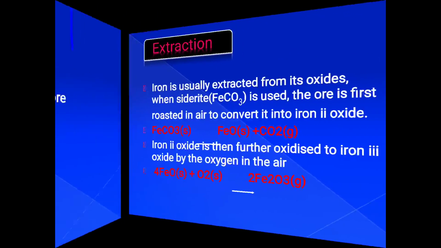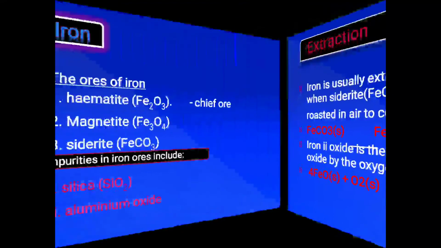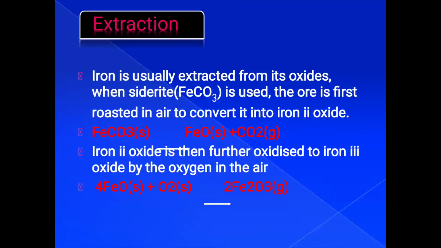And we now look at extraction. And in extraction, we say that iron is usually extracted from its oxide when siderite is used. Remember the formula of siderite? This is the formula of siderite, iron carbonate. The ore is first roasted in air to convert it into iron 2 oxide through thermal decomposition. So we have an arrow here.